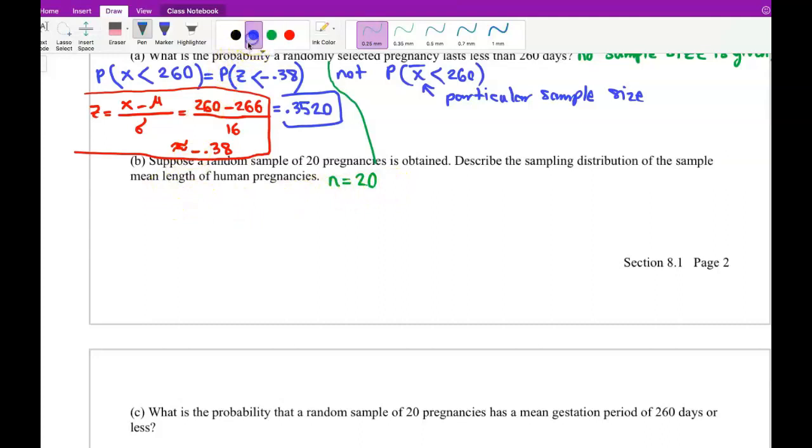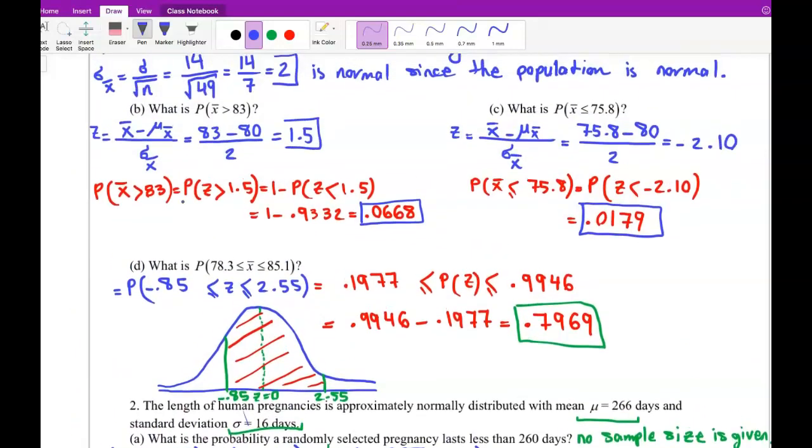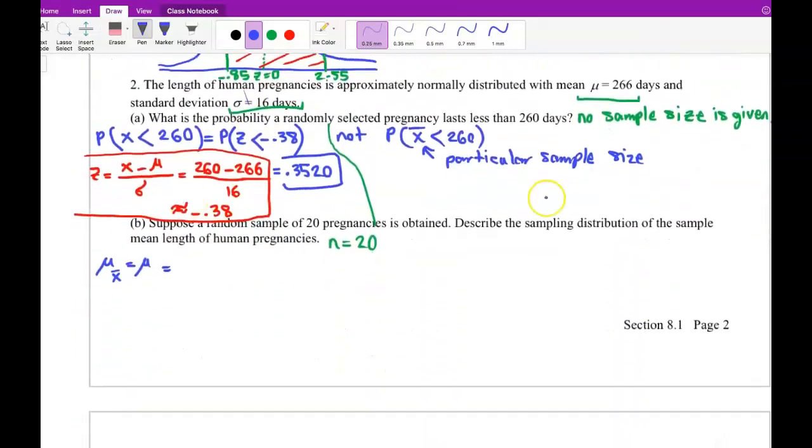So the mean of x bar is equal to the population mean, based on what we had here on top. The population mean is 266, so the mean of x bar is equal to 266.